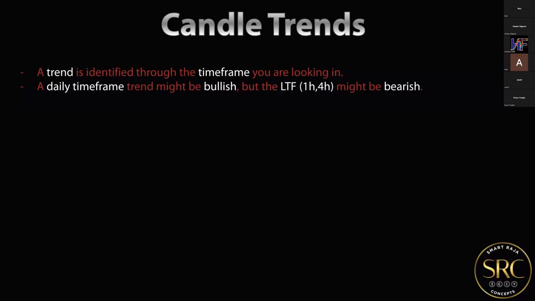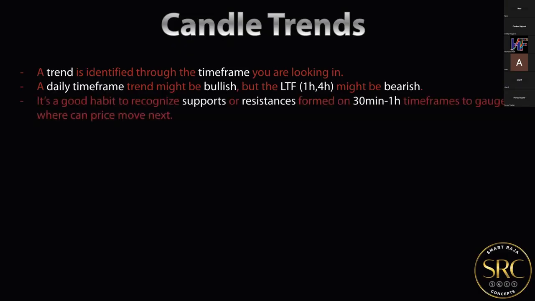You're going to look at the trend on the 1 hour or the 4 hour time frame, because in that session it makes much more sense. It's a good habit to recognize supports and resistances on the 30-minute or the 1 hour time frame, to gauge where we can move price. Whenever you're looking at market structure, you're looking at the 1 hour or the 30-minute time frame.